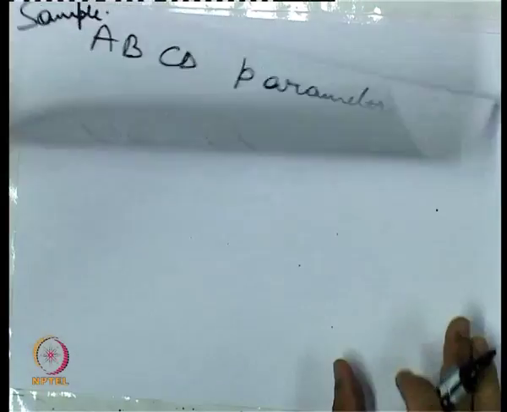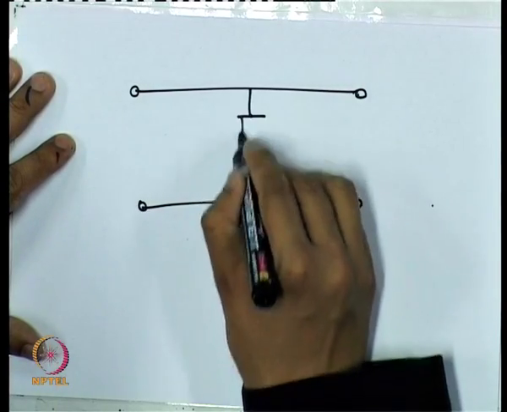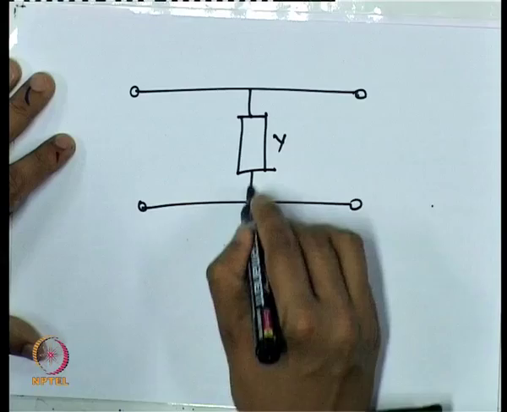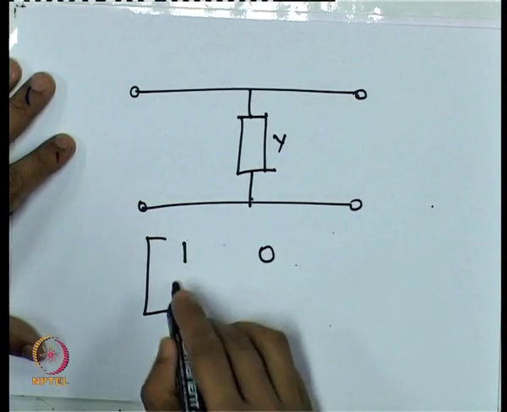If we have a shunt admittance, an admittance connected in shunt like this, then its ABCD matrix is given like this.